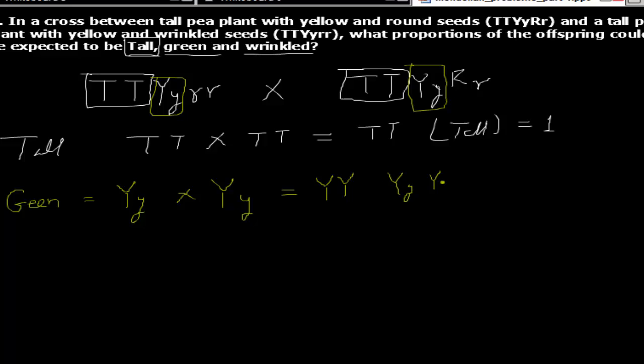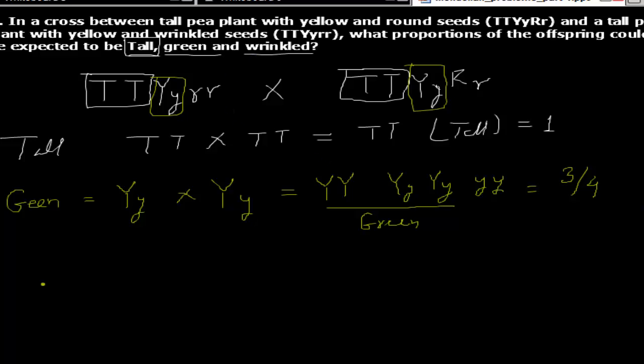This is a typical monohybrid cross in which we get a phenotypic ratio of 3:1. So it is obvious that all these three will be green. So the proportion of the green for the given progeny will be 3/4.